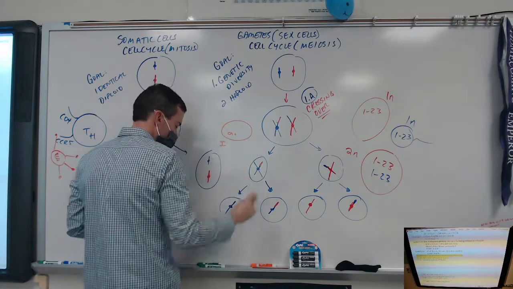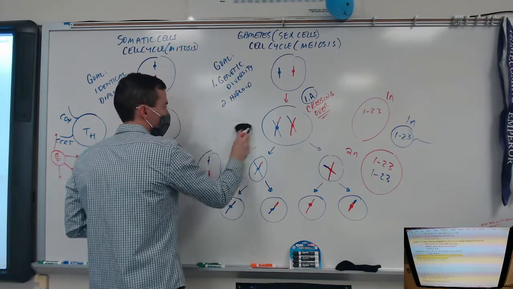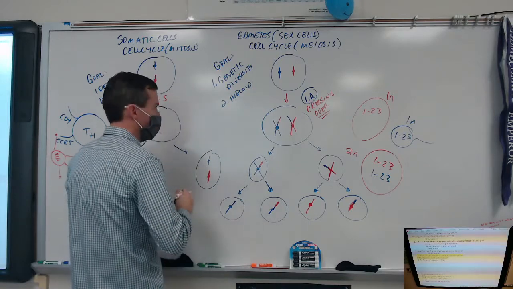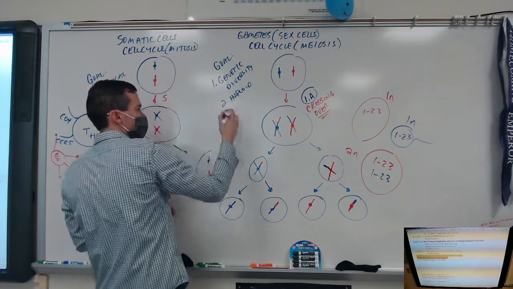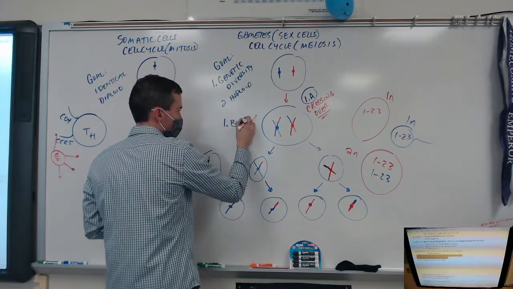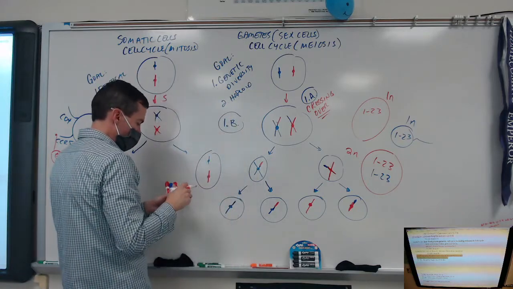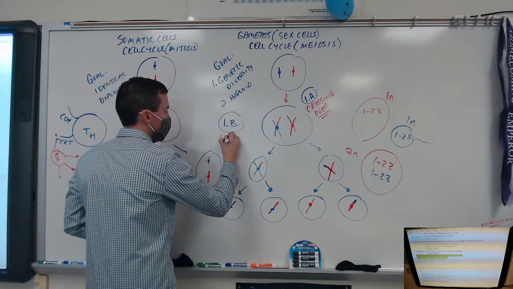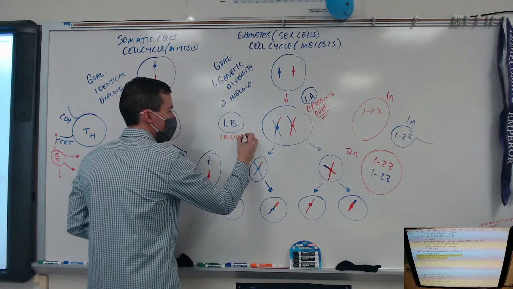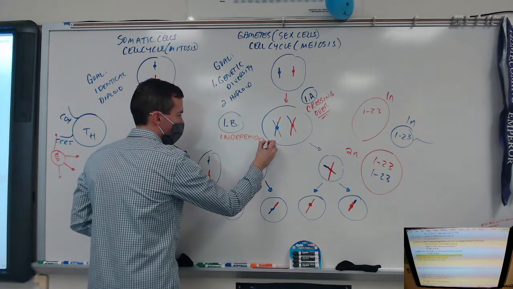I don't want that to say 2A, and I don't want it to be an orange. So this is 1B. It's genetic diversity, and it's the second thing that causes it. And it is called independent assortment.